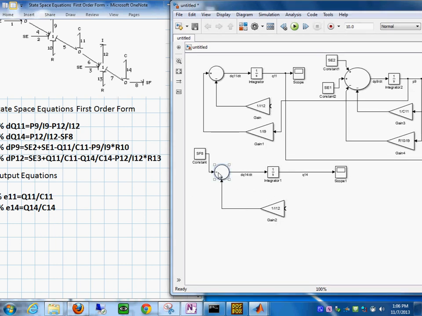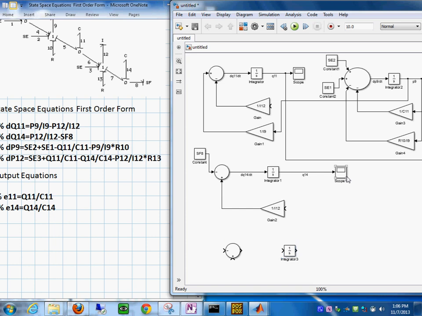So in here I'm just going to put the ingredients that we need. Perhaps I would do it here, right here. And I need this block also.